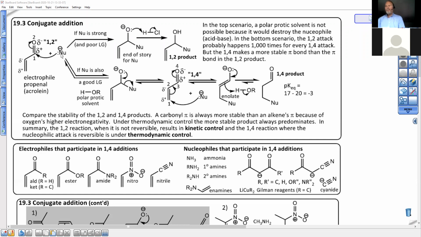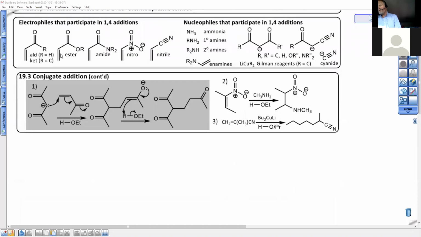A Gilman won't do what a Grignard does. Here, it has a choice of adding 1,4 or doing 1,2, which it never does. So 1,4 works. And we get a 1,4 addition product here with a new butyl here. 1, 2, 3, 4 on this carbon here.